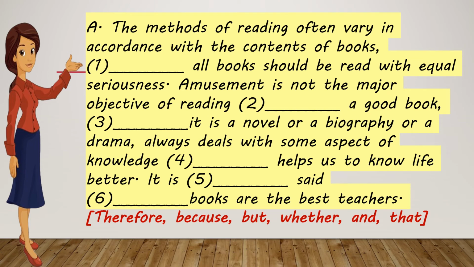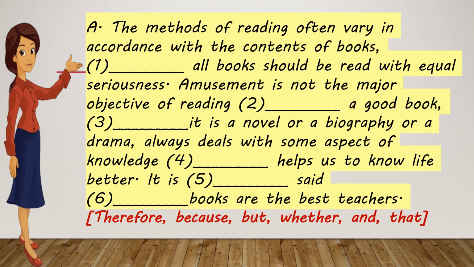So here they are. Letter A: The methods of reading often vary in accordance with the contents of books. Blank, all books should be read, rather, with equal seriousness. Amusement is not the major objective of reading.